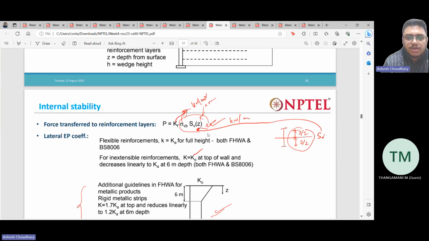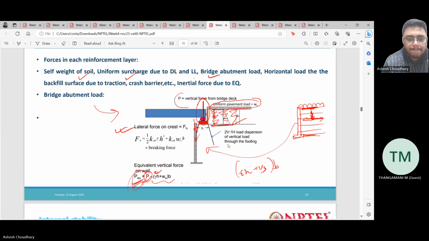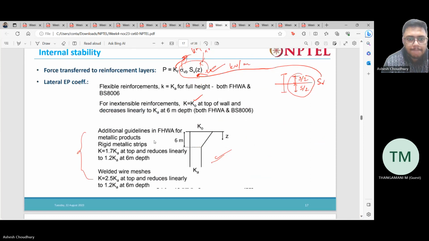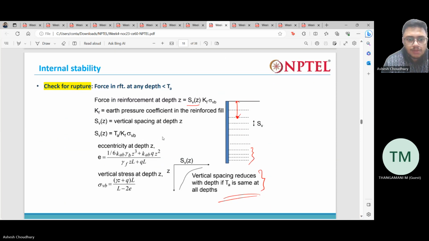Force transfer to reinforcement layer, same, this one. Sv is the spacing, this is the vertical pressure, Kf is the coefficient.